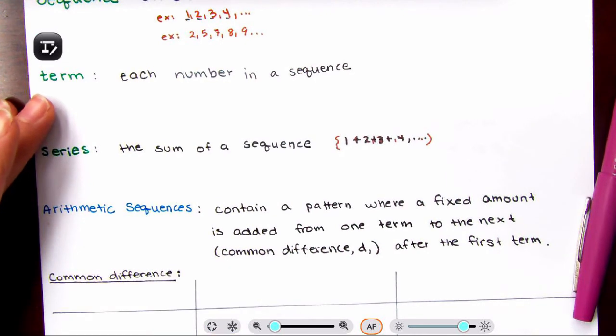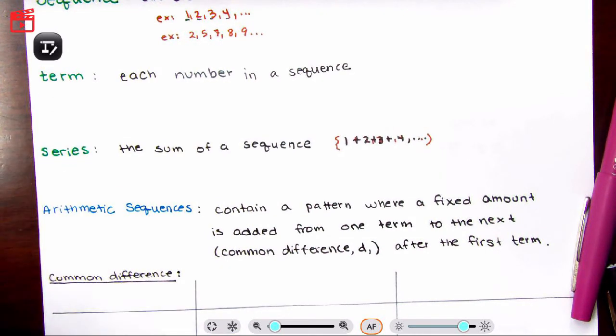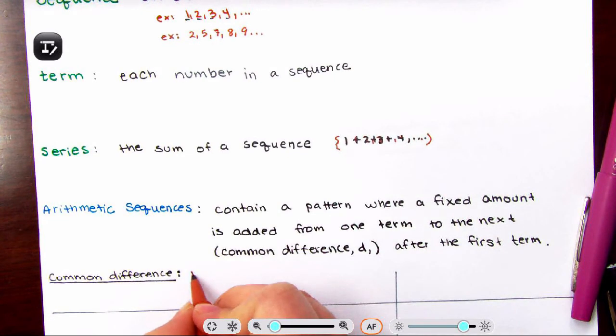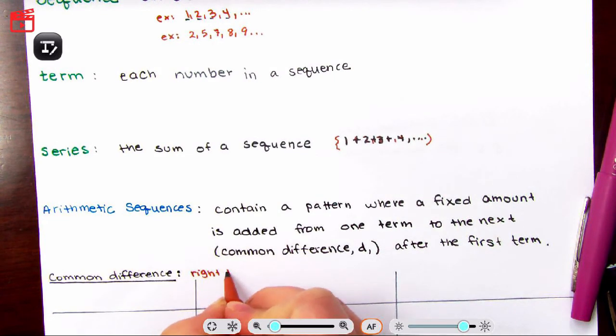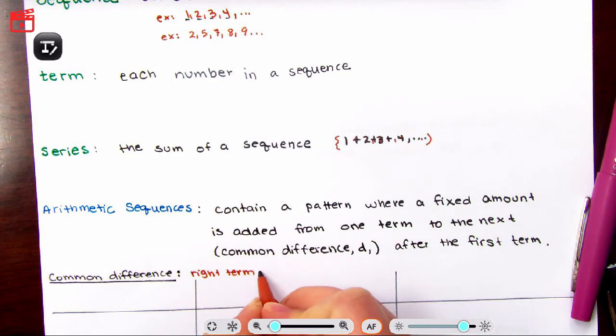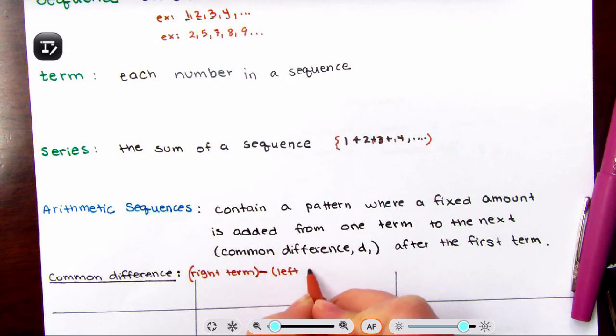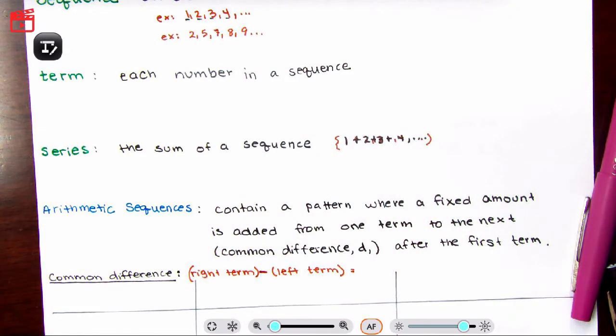So a common difference is the pattern. You're going to take your right term and subtract your left term, and you're going to do that for all terms. So 2 minus 1, 3 minus 2, 4 minus 3.